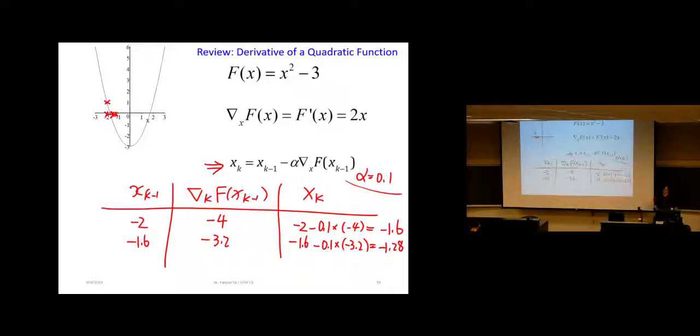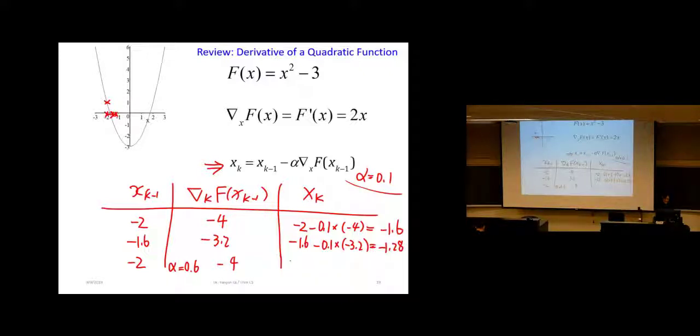Okay, now let's change to a different learning rate. Let's assume alpha equals maybe 0.6. So again, start from -2. My gradient is still -4, right? So what is my next x?